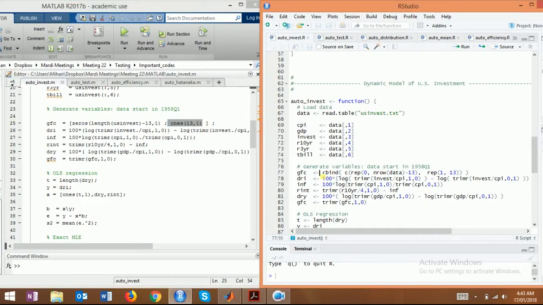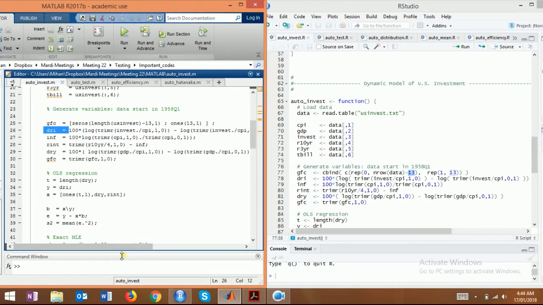That's what we want. So we're doing column bind, where the first portion of the column is replication of 0, number of rows in data minus 13 times, then replication of 1, 13 times. The whole thing will go into a column. Then real income is 100 times log trimmer, invest divided by CPI.